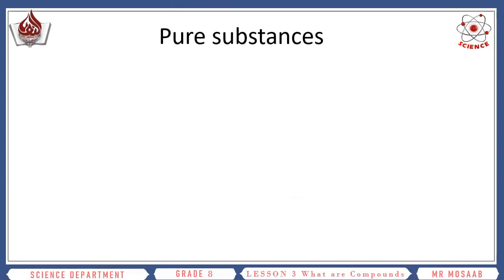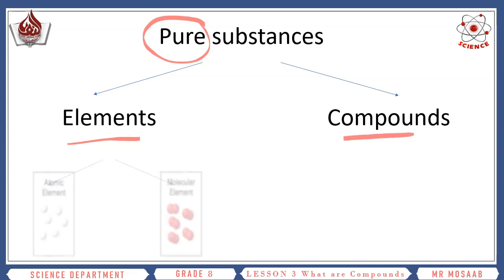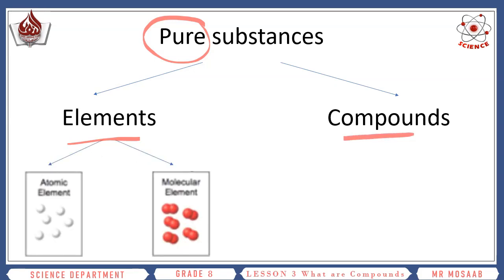Now, any pure substance may be an element or a compound. So what is the difference between elements and compounds? Elements may exist as an atomic element, where each atom is alone, as you can see, separated, or they can exist in a molecular form.